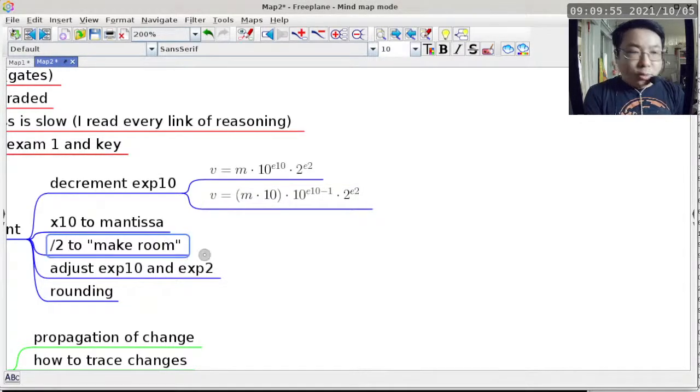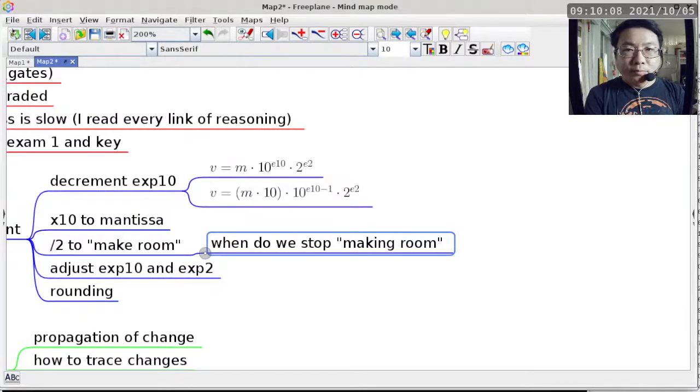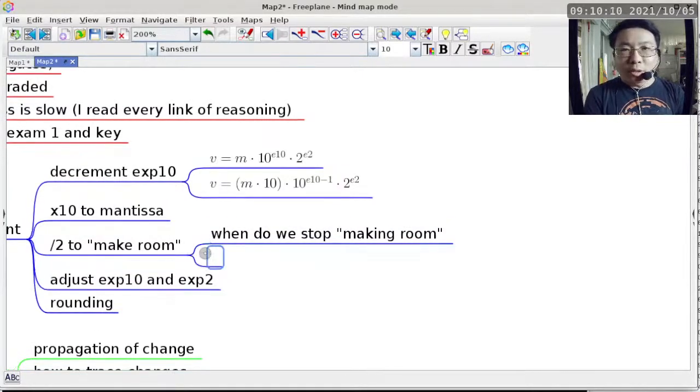So I'm going to put my notes here. The question is, when do we stop, quote unquote, making room in the mantissa? What is that condition going to look like? What do you think? When do we run up against that limit?